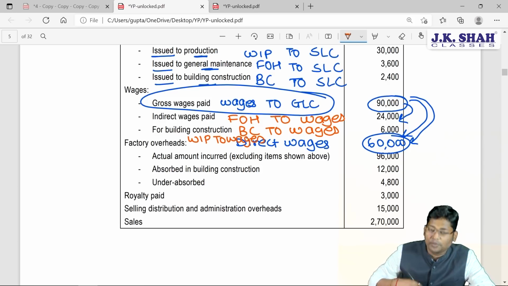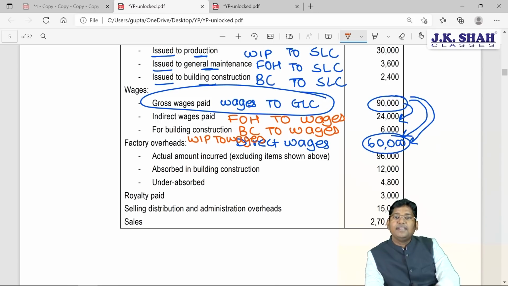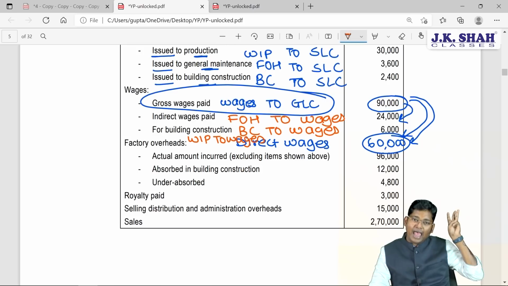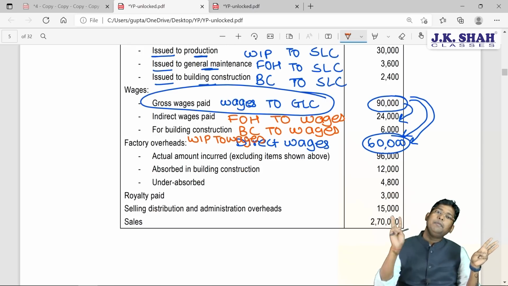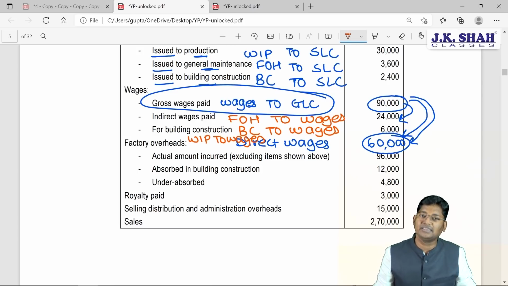These three absorption entries you should pass systematically, and that's why direct wages hidden adjustment I have already computed and discussed with you all. So out of 90,000, three wages are there. For all of them, you should pass absorption entry as well as payment entry. Payment entry is same for all the categories of wages, but absorption entries are different.